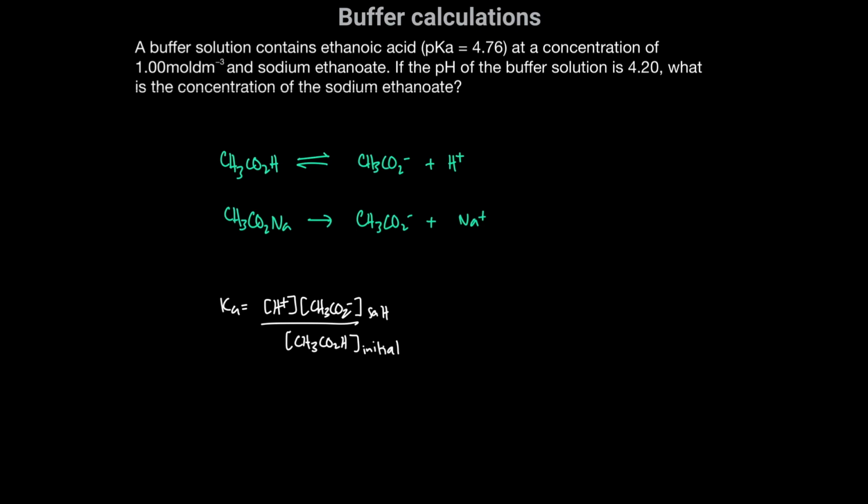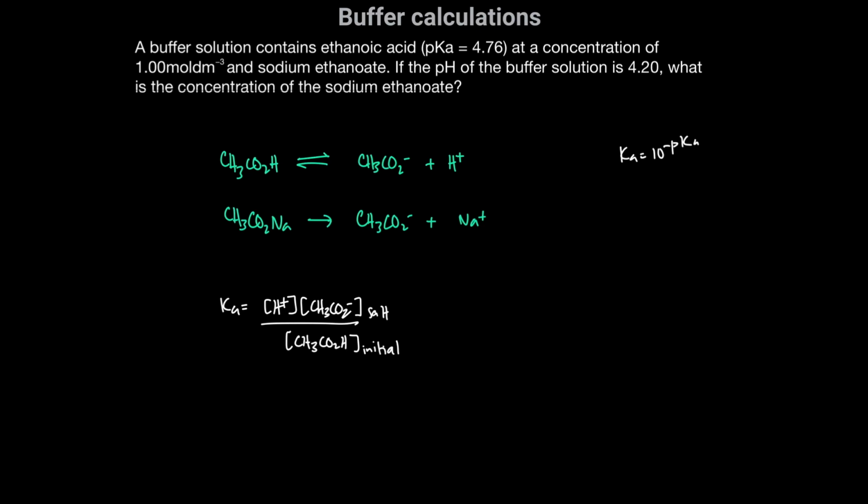Now, they've given us the pKa, so we can calculate Ka. We know that the Ka is equal to 10 to the power of negative pKa. They've given us the pH, so we can calculate the H plus concentration.